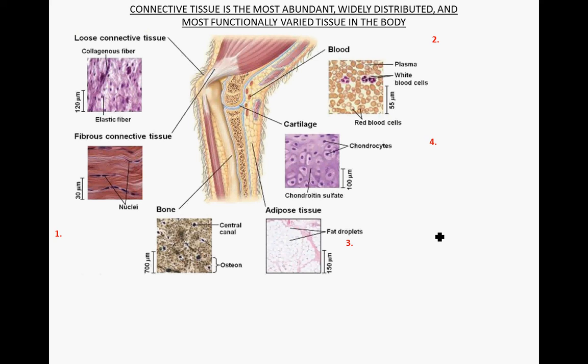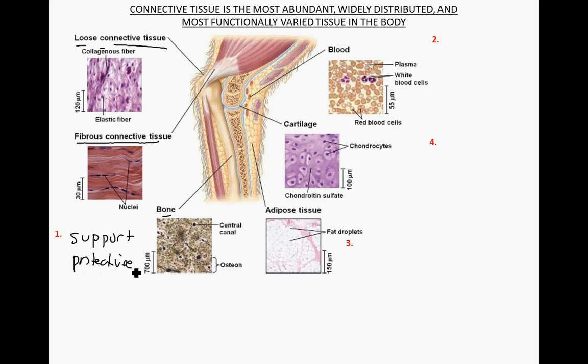So first and foremost, we have things like these fibrous connective tissues, these loose connective tissues, and then bone, right? So these are playing roles in support and protection, as well as just literally connecting things together.